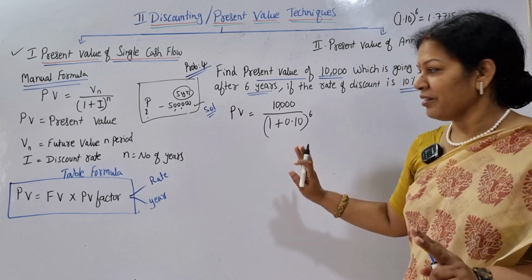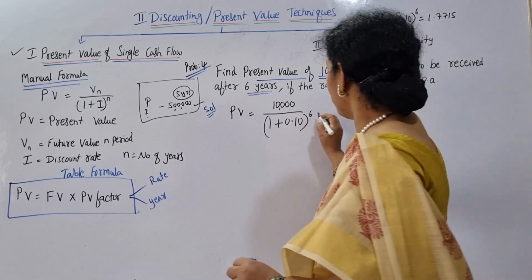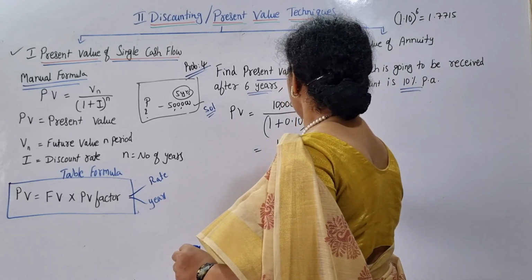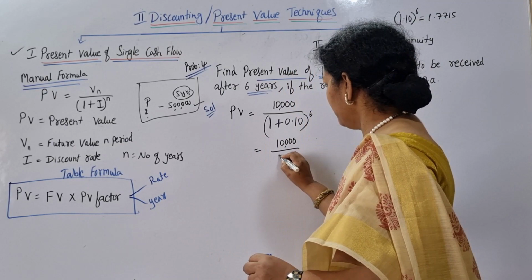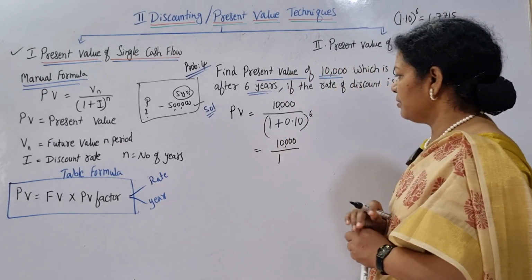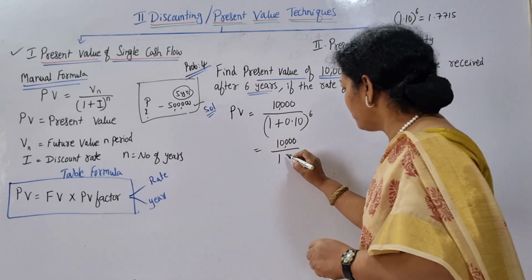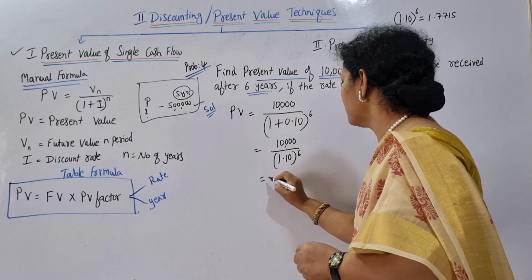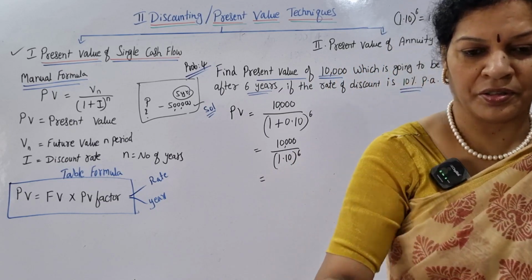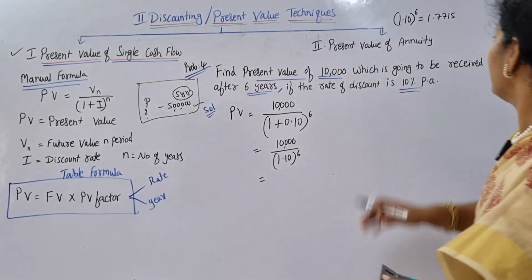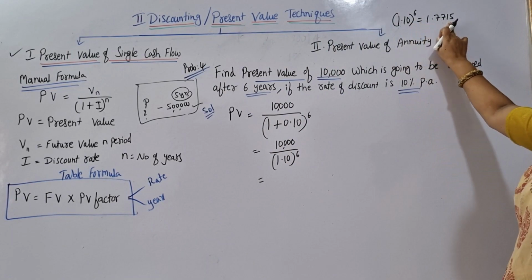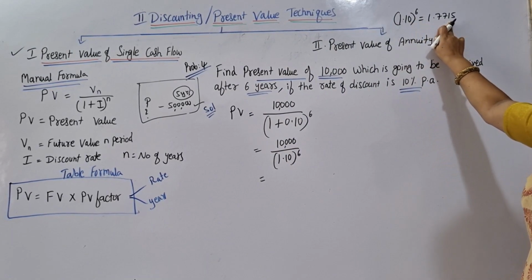Calculate it. This is manual, so we have to calculate it manually. 10,000. Next step, divided by 1 plus 0.10, which means 1.10 to the power of 6. How much are you going to get? I have already written 1.10 to the power of 6, you are going to get 1.7715.